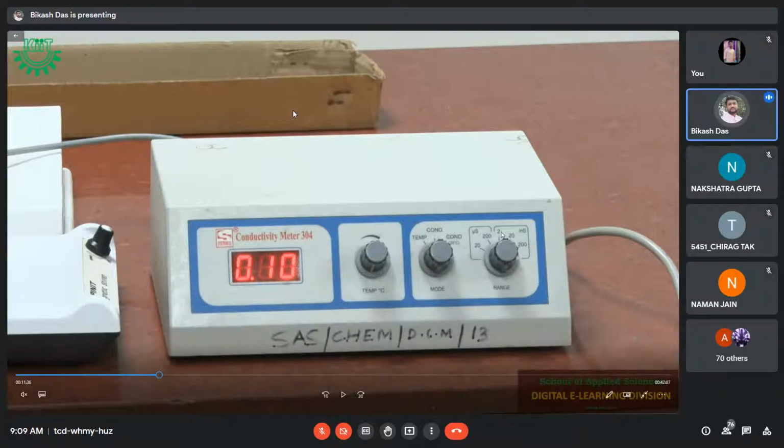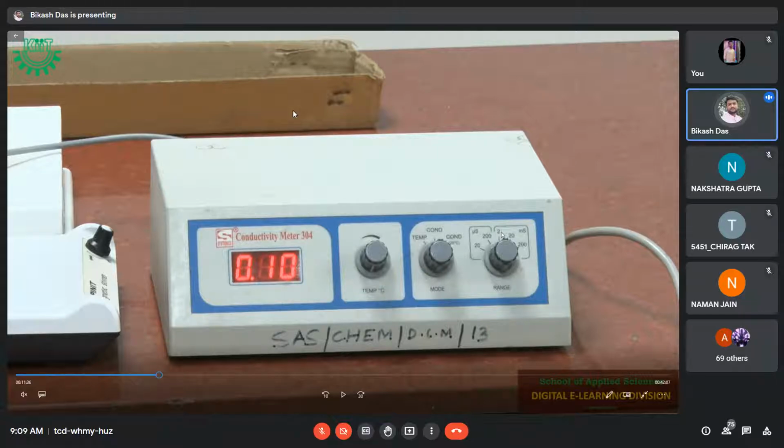The question is, when will you choose 2 and when will you choose 20? Do not be confused. If your solution's conductance value is 2 or less than 2, you have to choose range 2. And if the conductance is more than 2, you have to choose range 20.